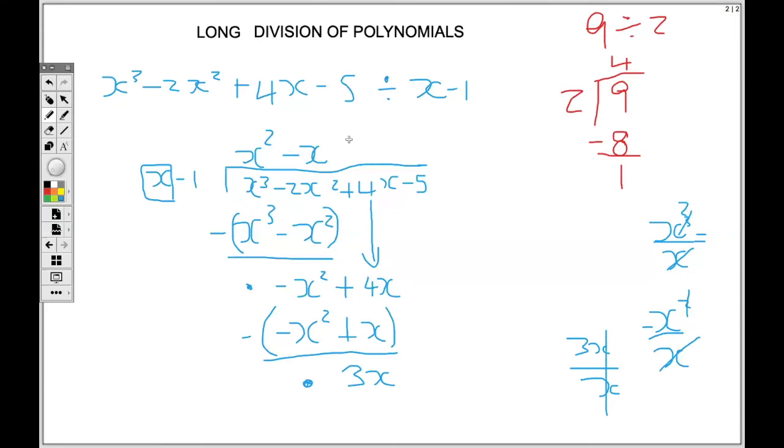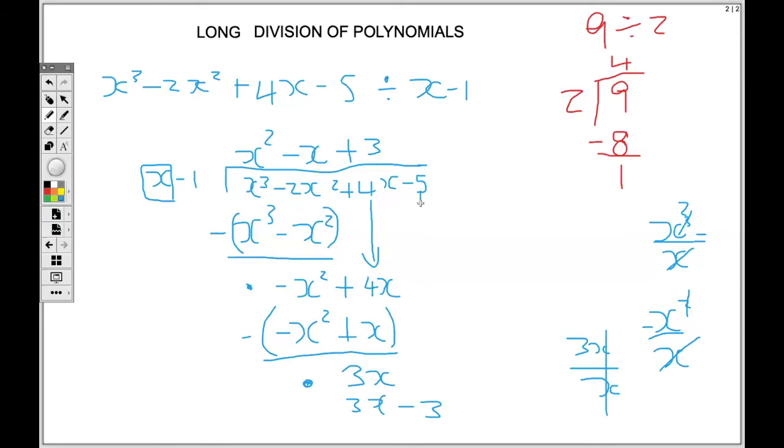These cancel, so I'm left with positive 3. So in the quotient area, I will write the positive 3. So what I have now, I'll be multiplying this 3 by the x minus 1. So we have 3 times x, that gives us 3x. Then positive 3 times negative 1 gives us negative 3.